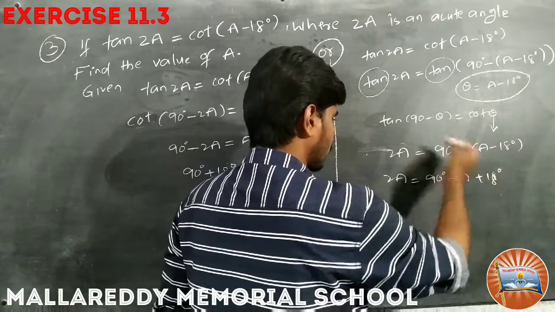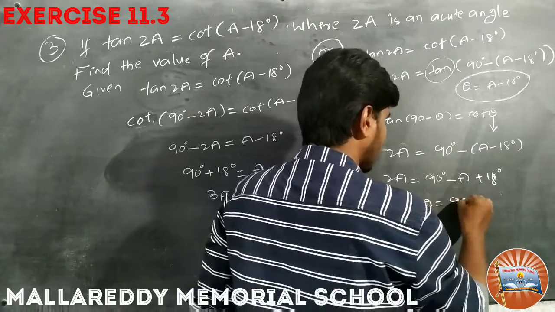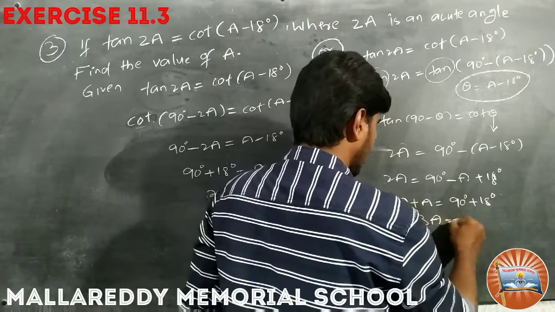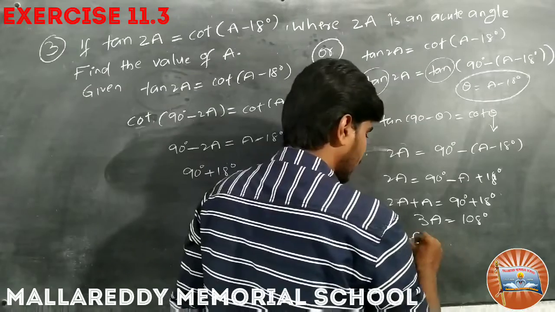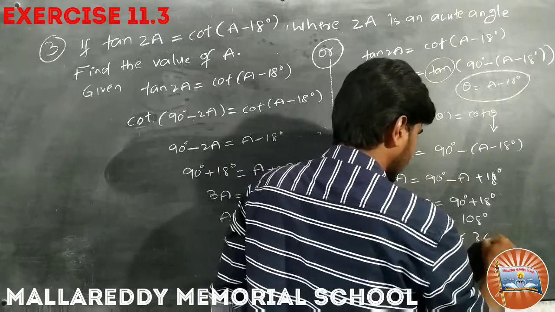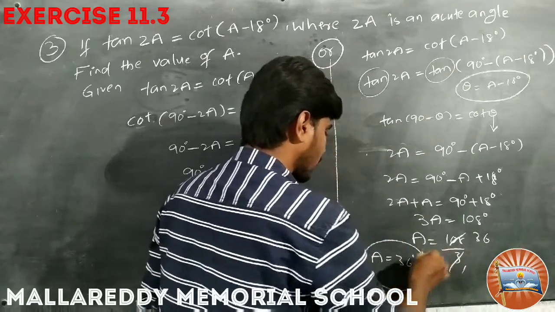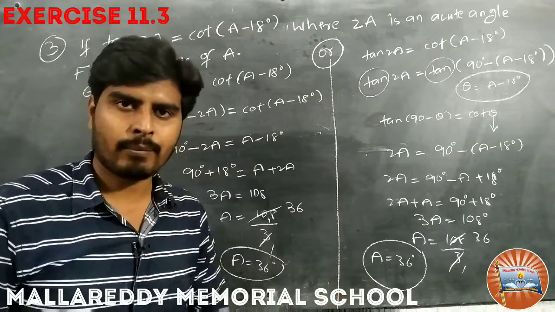Bring this minus a to the LHS side, 2a plus a, 90 degrees plus 18 degrees, 3a, it is 108 degrees, isn't it? Right, so a value is 108 by 3, 3 ones are 3, 36. So a equals 36 is the answer. In both the cases we have got the same answer, okay, right.